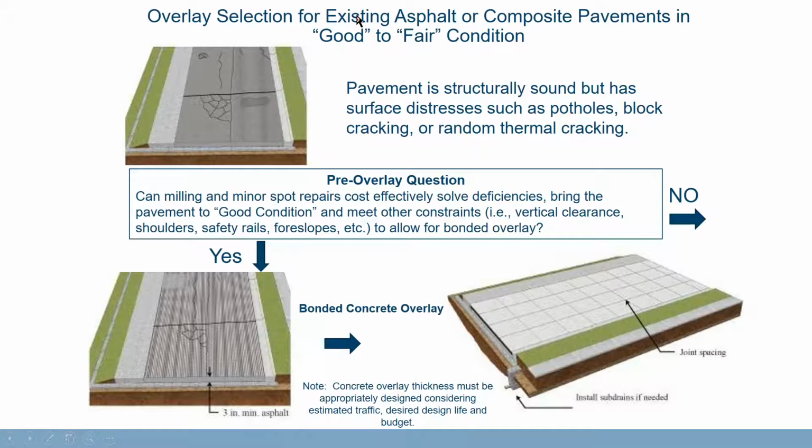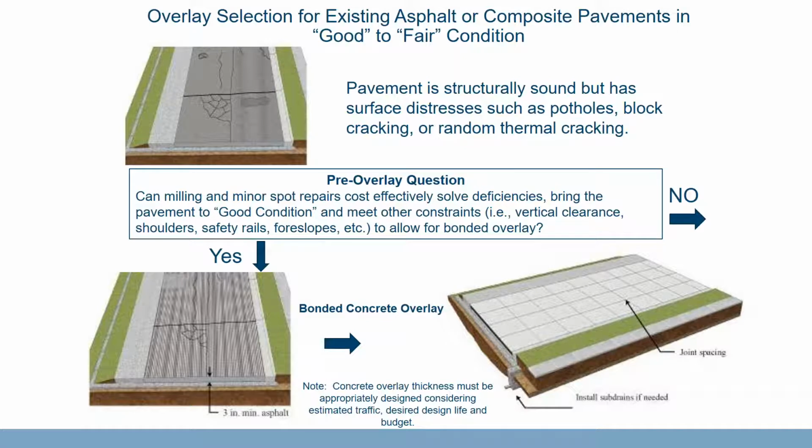If you want to do overlay selection, for instance, for an existing asphalt or composite pavement in good to fair condition, you want to look at the pavement to make sure that it's structurally sound, but it may have some surface distresses, potholes, and block cracking. The pre-overlay question which we pose is, can milling and minor spot repairs cost effectively solve those deficiencies and bring the pavement up to good condition and meet other constraints that you might have on the job, like the vertical clearance and those that I mentioned?